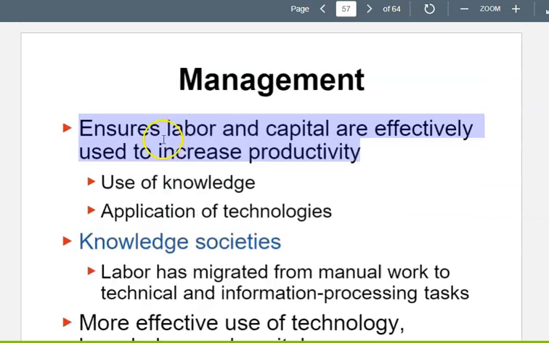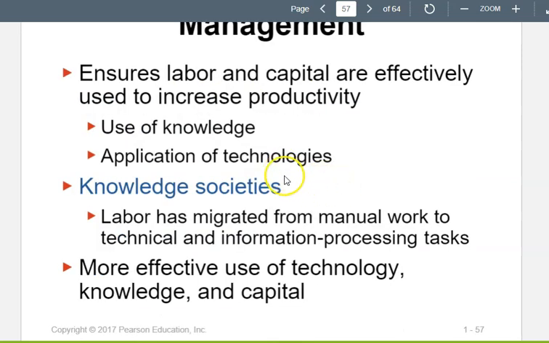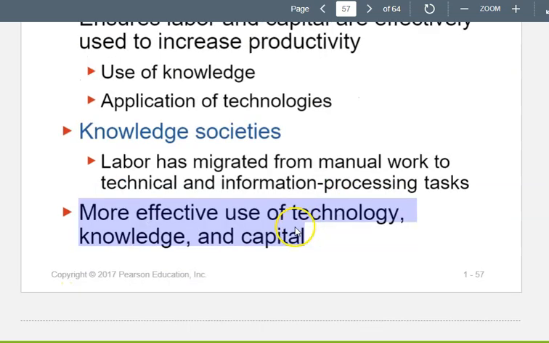So I believe management is well available in the US, and that's why the US is always among developed countries. It ensures that labor and capital are effectively used, with knowledge and technologies applied correctly. Labor has migrated from manual work to technical and information processing tasks. More effective use of technology, knowledge, and capital is provided with management.